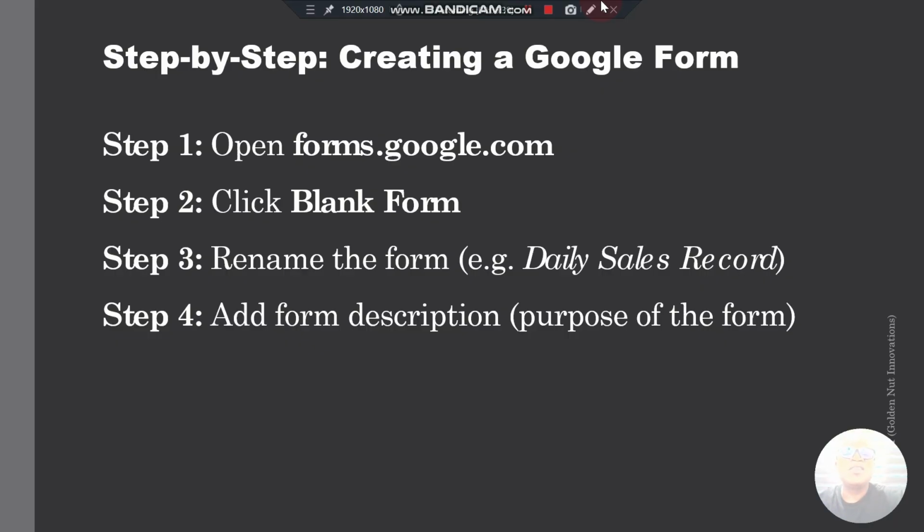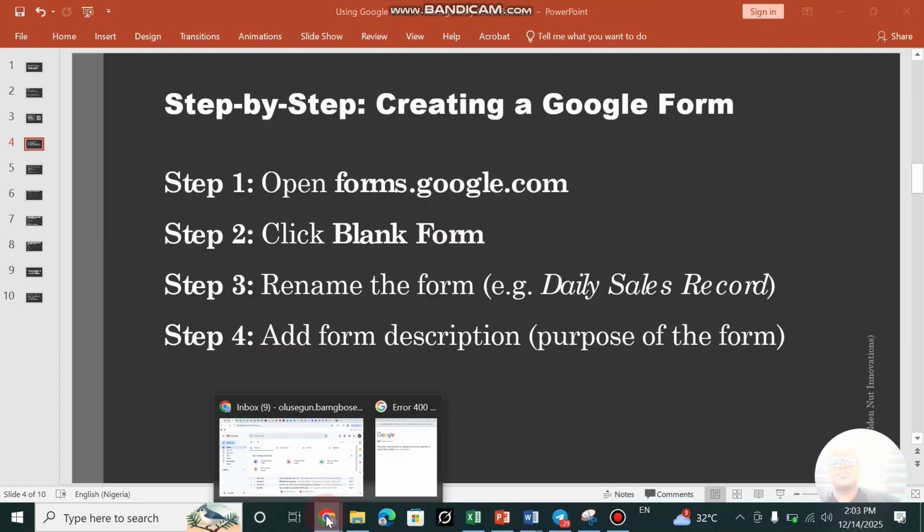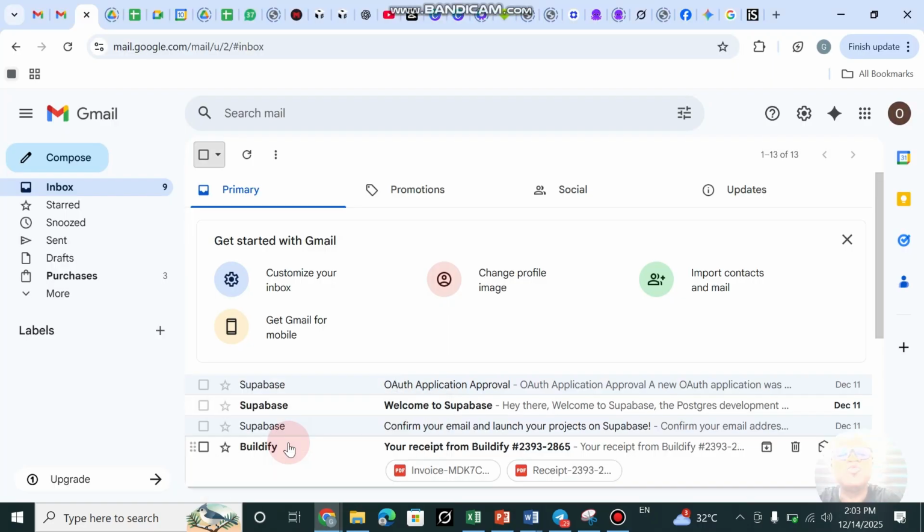into how to create a Google form. To create a Google form, you go to your Google account. For instance, you can get Google Form through your email. The email feature of Google is Gmail, Google Mail.